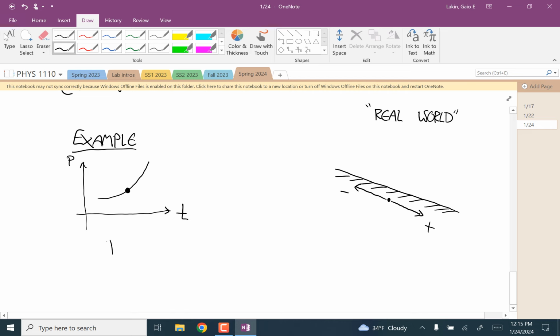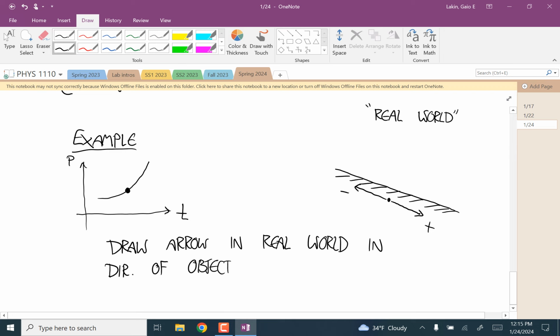And we want to draw an arrow in the real world in the direction the object is moving. Okay?